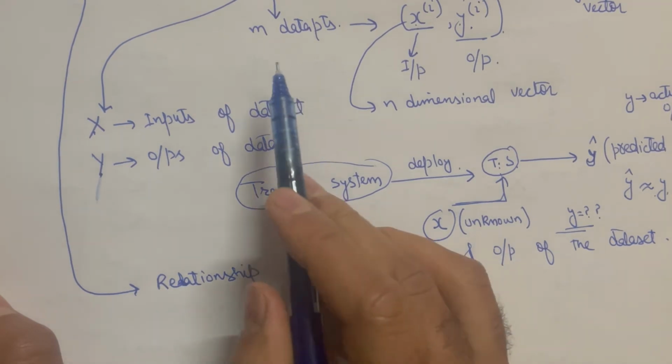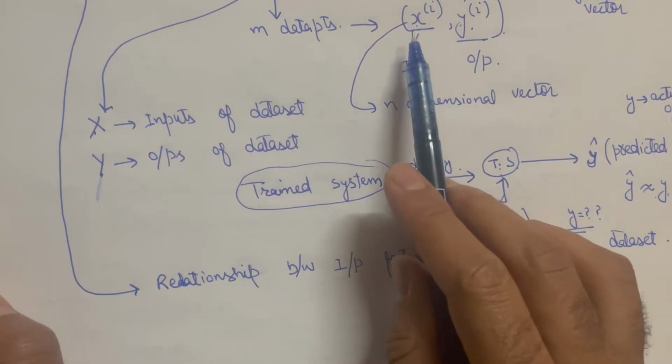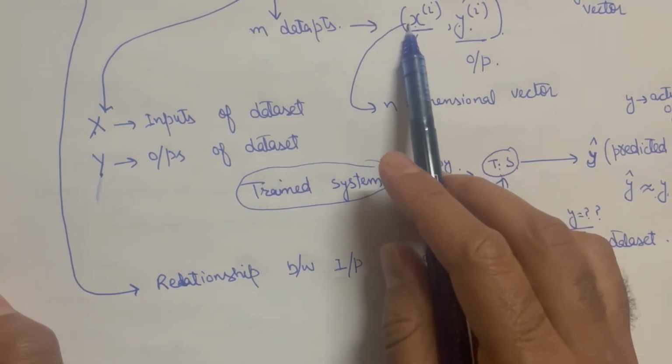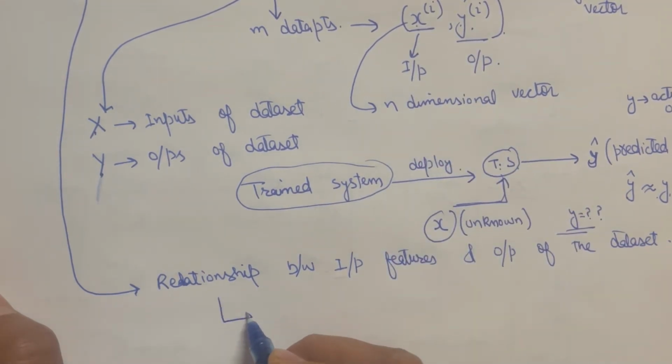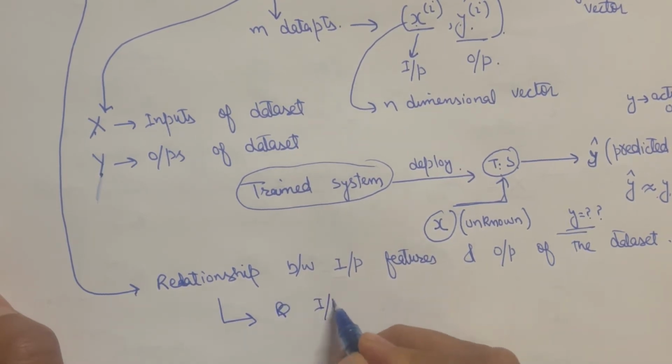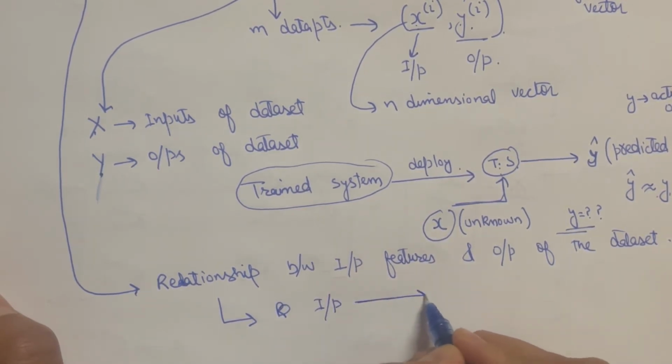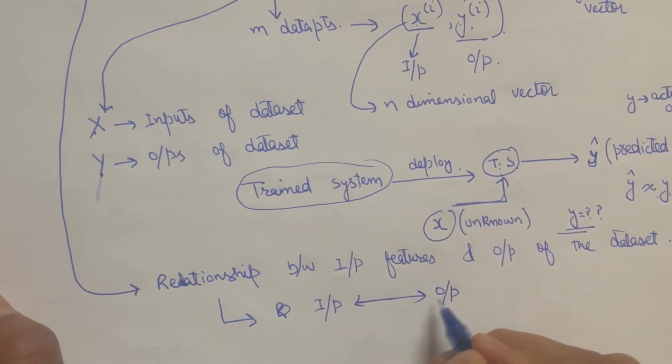Okay, so since it has the data set, it will try to find the relationship between the input and the output. After finding the relationship, so it finds the input output relationship.